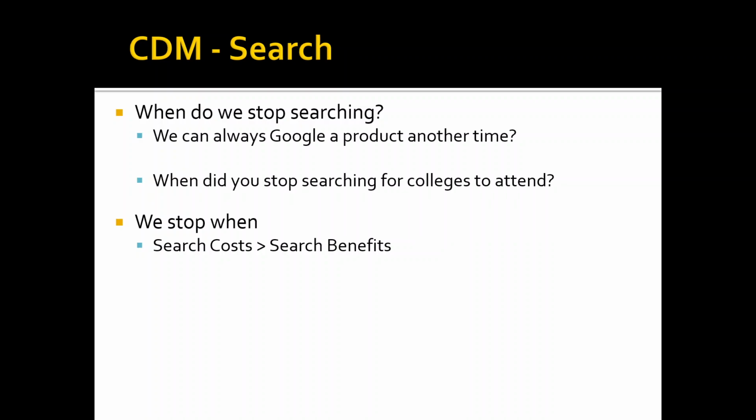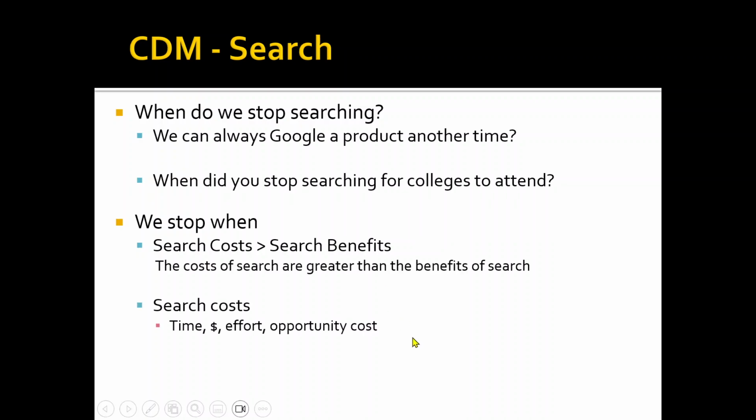In other words, if we're still searching and we don't feel like we're going to find anything really better, there's not a better sale, there's not a better one than the ones that are out there, we're unlikely to keep searching. So there are costs to search, right?